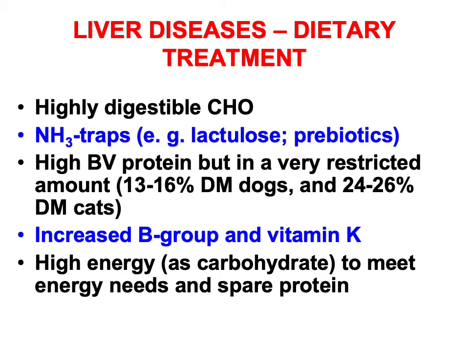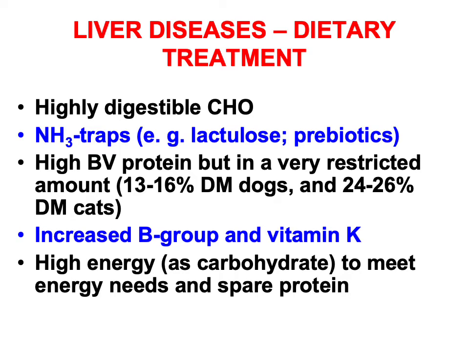The dietary treatment of liver diseases, in summary, is the following. Highly digestible carbohydrate should be the basis of the feed mixture. We have to use ammonia traps, for example lactulose or prebiotics. What are these ammonia traps?